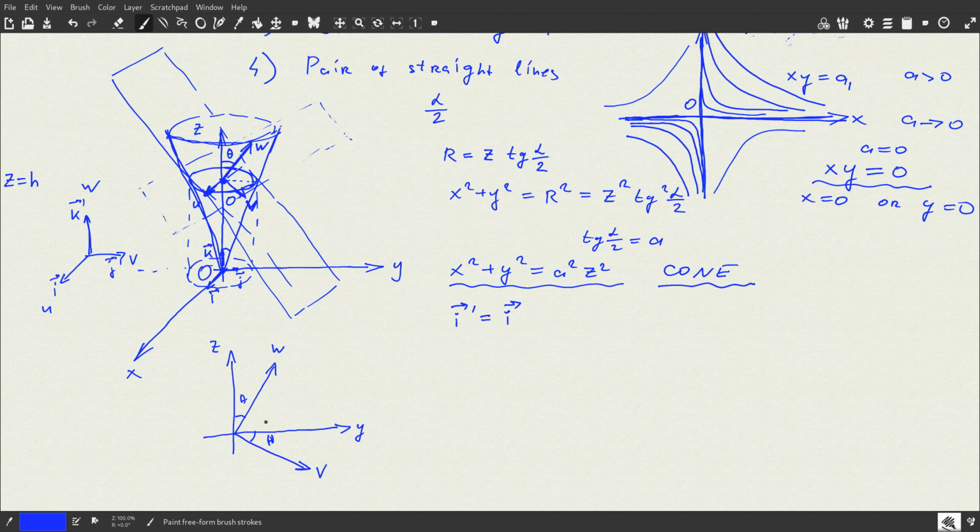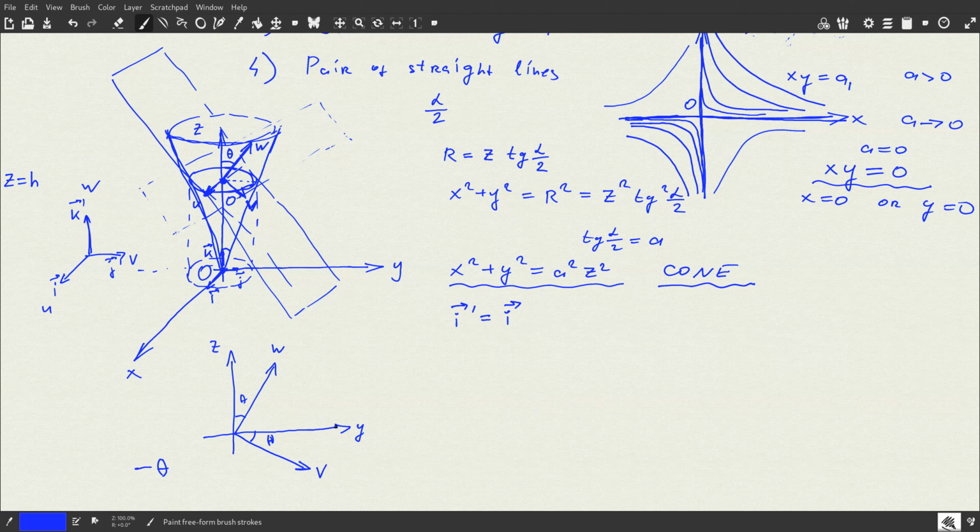But actually, this means that our new coordinate system, v, w, is rotated in this particular drawing, as we see, clockwise with the angle theta, and therefore we can say it is rotated anti-clockwise with the angle minus theta. Okay.